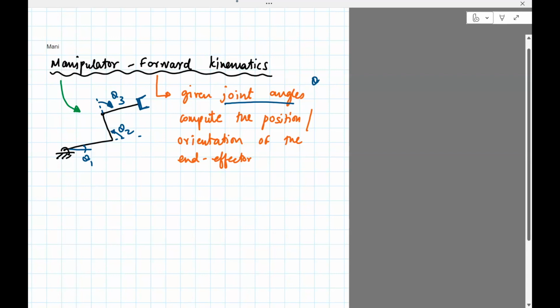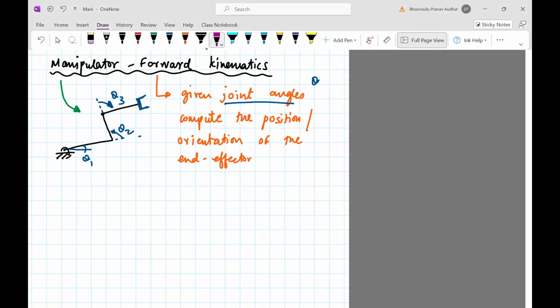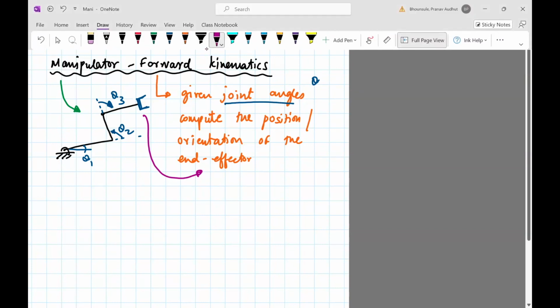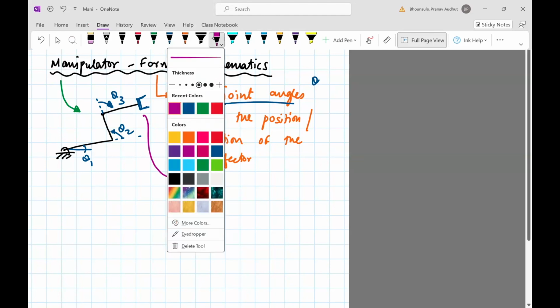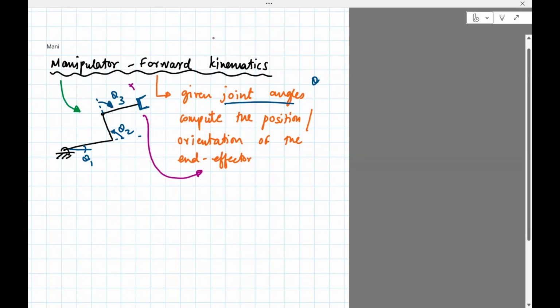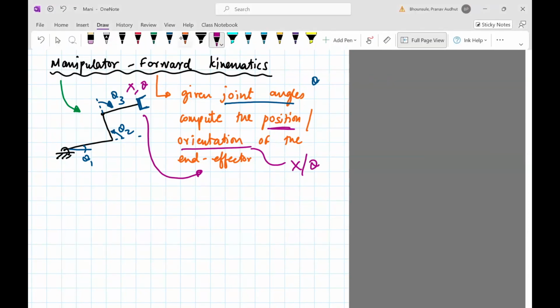This is the end effector. So that is this piece. You want that end effector to grip something. So in order to be able to grip something, you need to know what is the position and orientation of the end effector. So this is x and say theta. So what is the orientation of the manipulator so it can go and maybe grip an object?